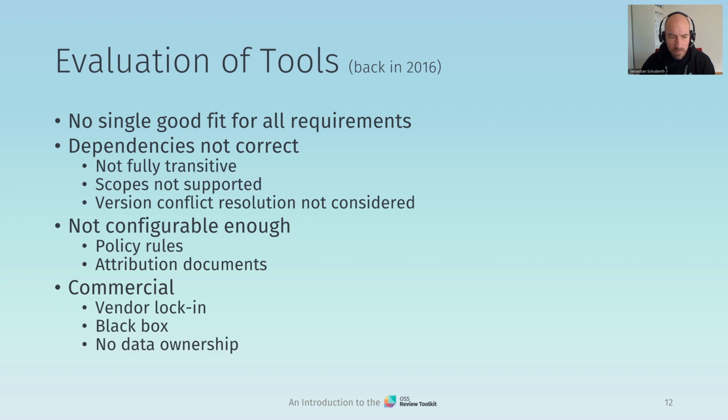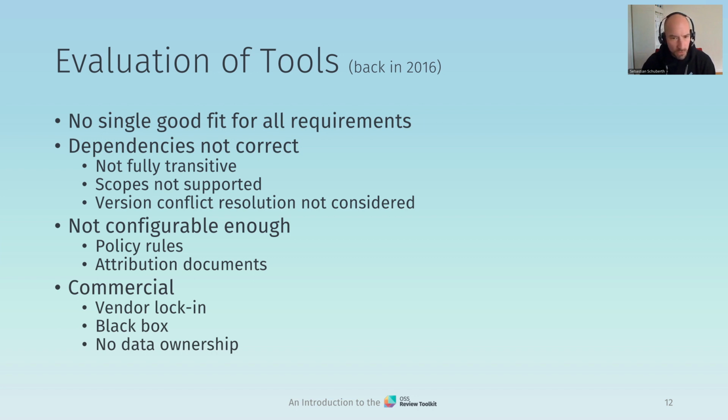So dependency versions may change dynamically with what has been declared in the build system to resolve version conflicts if the same dependency occurs multiple times in the tree in different versions. And that is something that very few tools are able to take into account.